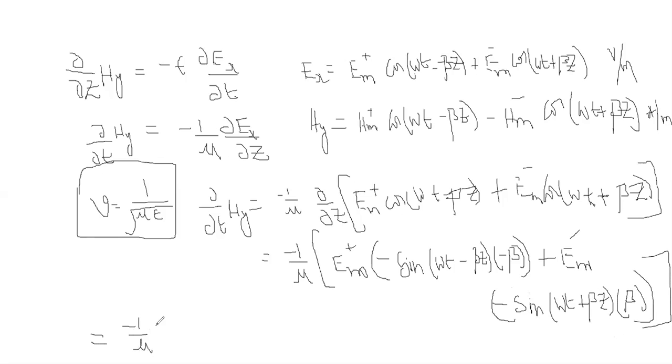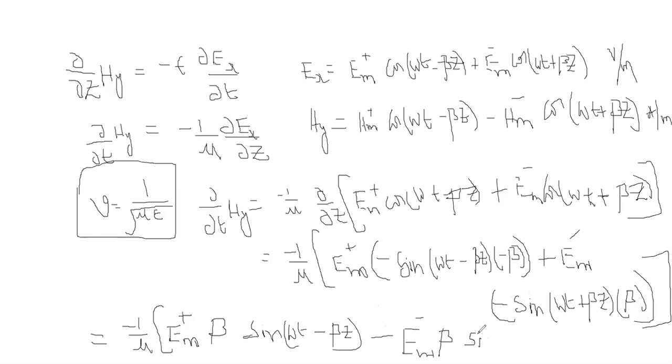1 by mu into the coefficient is a Em plus, so see here the minus and the minus is a plus, beta into sine omega t minus beta z, that is the first term, and here the minus is there, plus into minus is a minus, the coefficients are Em minus into beta, and the term is there, the sine function, sine omega t plus beta z.